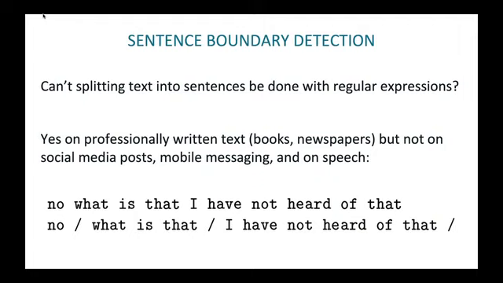But it gets interesting if you're trying to look at social media posts or any messaging, like SMS or WhatsApp messages, or speech to text when there's no punctuation. Then you really want an algorithm that is able to understand grammar, and for example can take the example here and split it into 3 sentences without any punctuation.